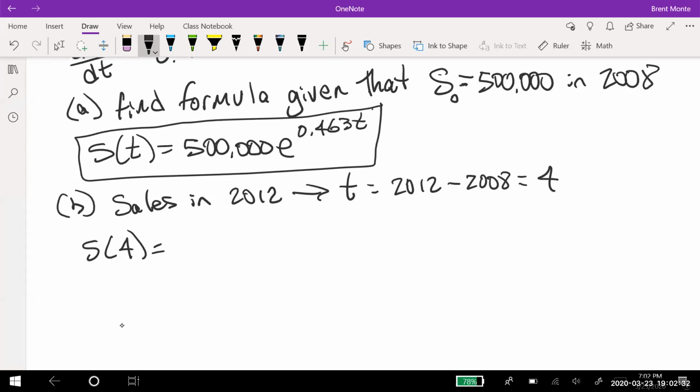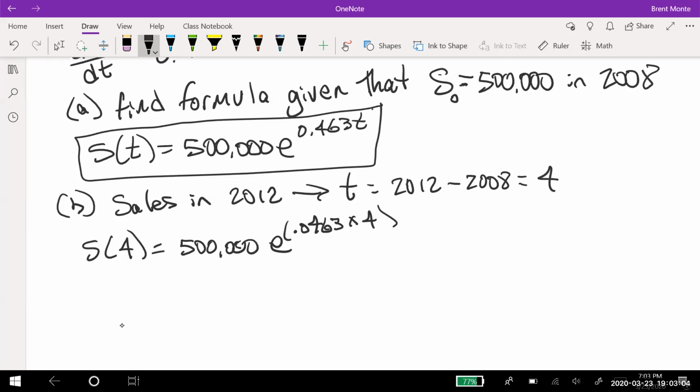You can flip back to see how we did it last time if you want to. I'm entering 500,000 times e raised to the power 0.463 times 4. Put that in parentheses if you need to.